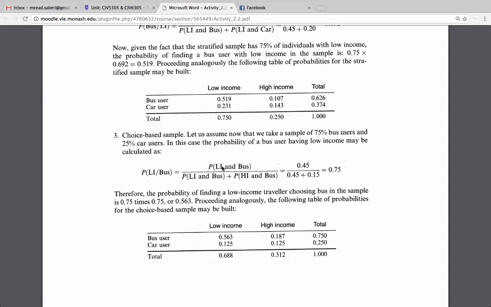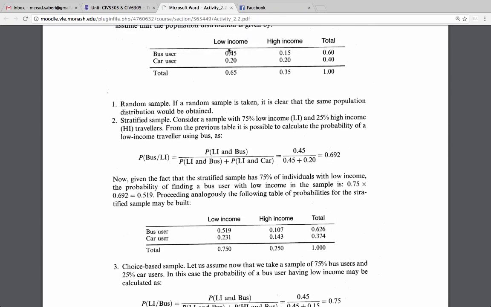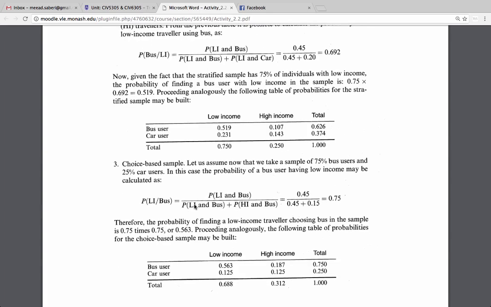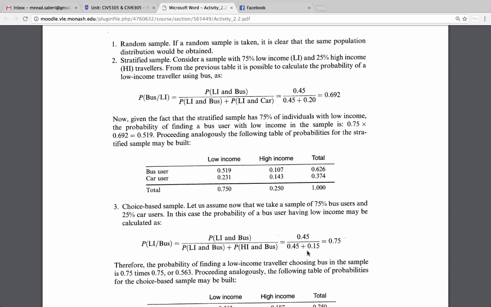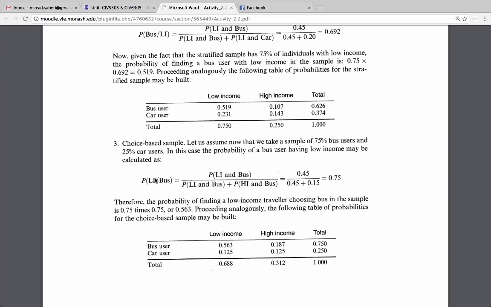The probability of being low income and using a bus from the original table was 45%, while the probability of using a bus, which is the probability of low income and bus plus the probability of high income and bus, gives the total probability of using a bus, which was 60%. So the probability of low income conditional on bus would be 45% divided by 60%, which gives 0.75.